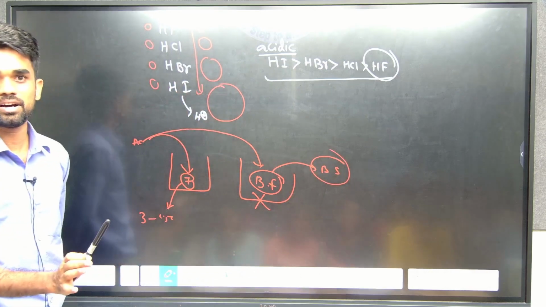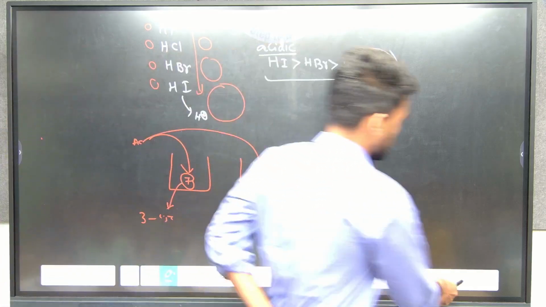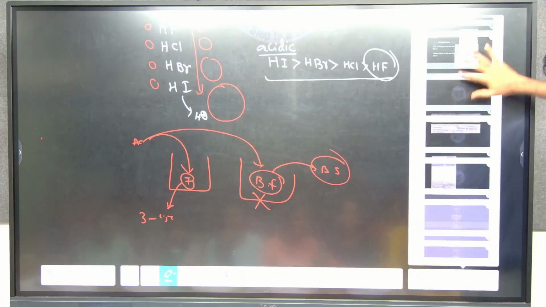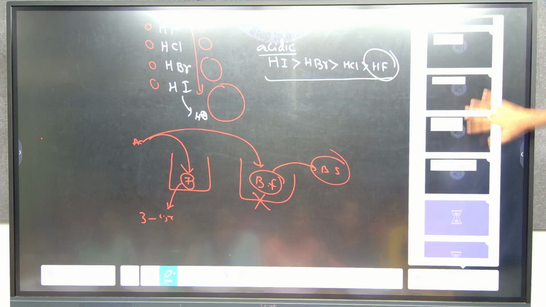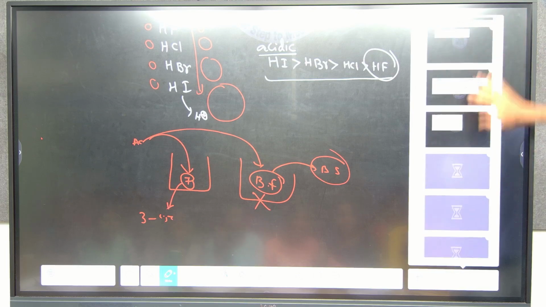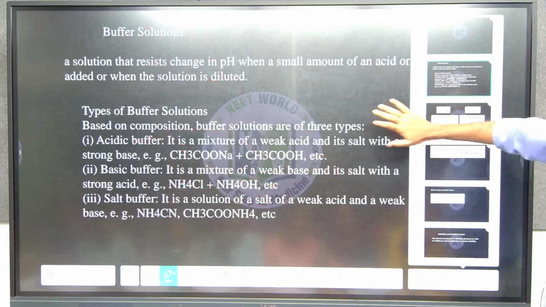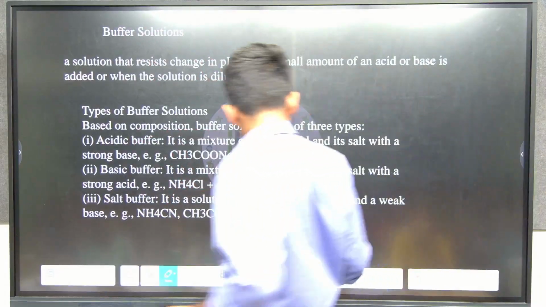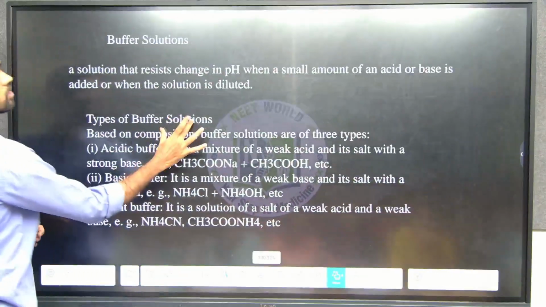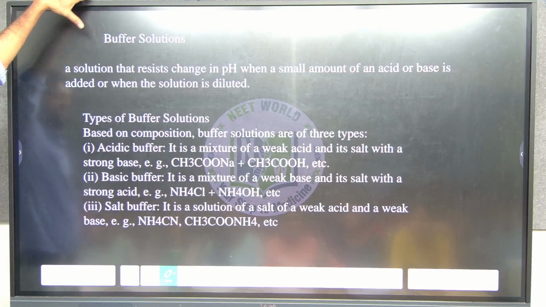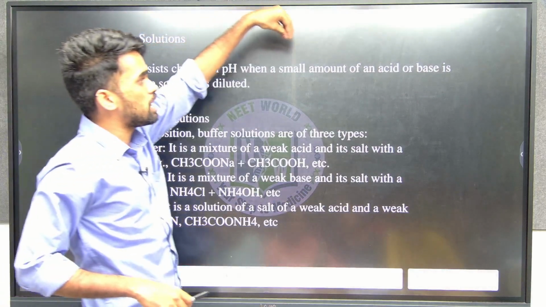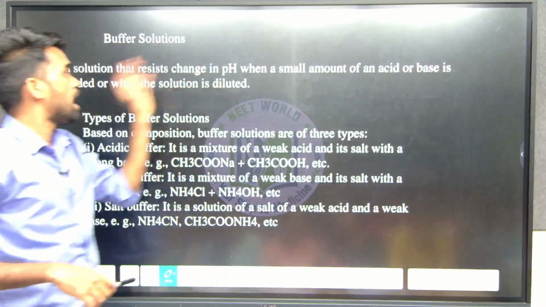Is this clear or not? Yes. So read the definition once again. Solution that resists the change in pH when a small amount of acid or a base is added.